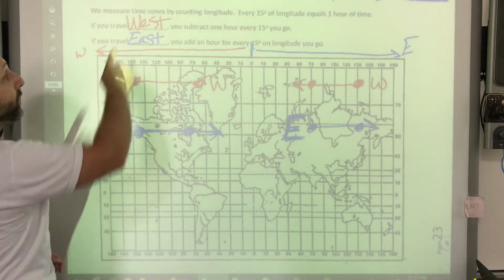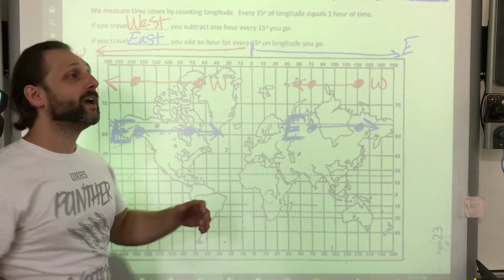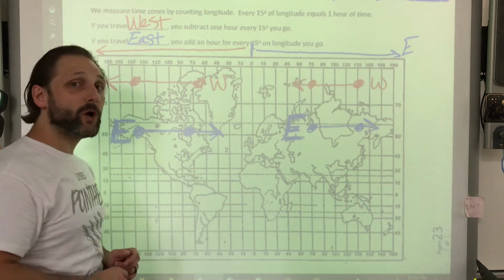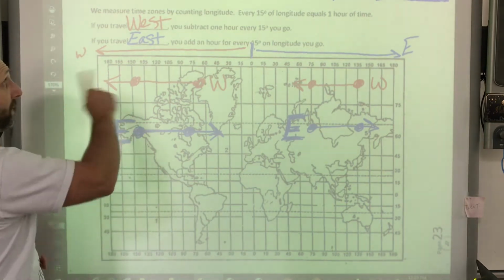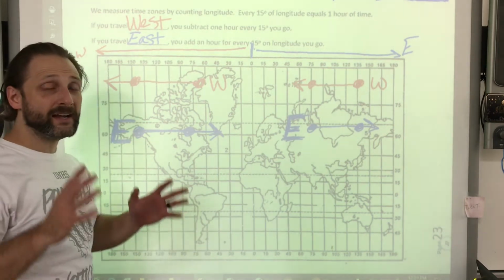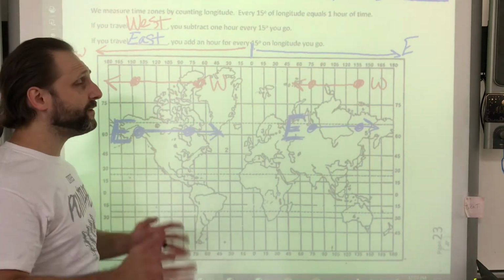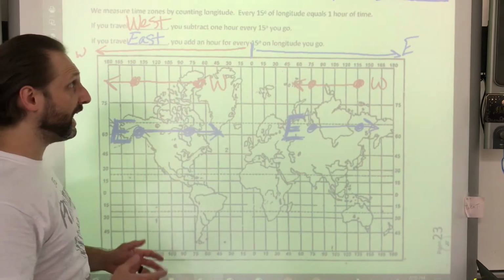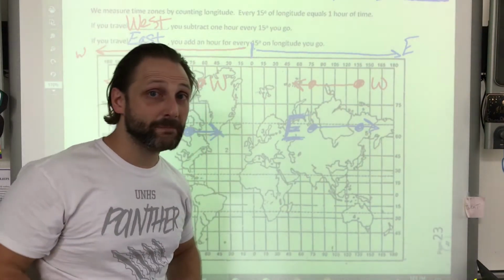So here we have talked about a few quick shortcuts to figure out which way we're going and what we do with time. We measure time zones based on our rate of rotation, meaning Earth's, of 15 degrees per 1 hour. For those in California, it's not 1 p.m. yet.